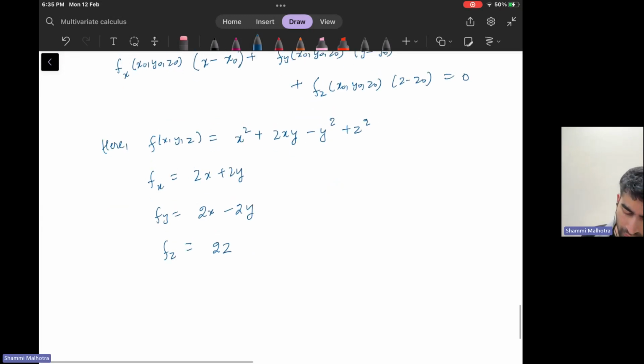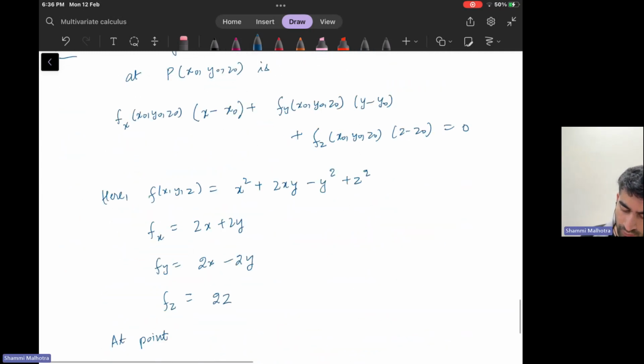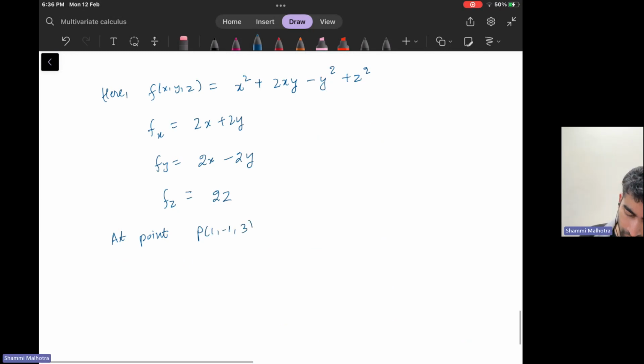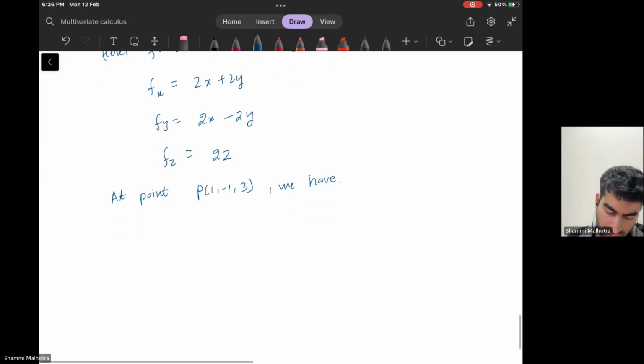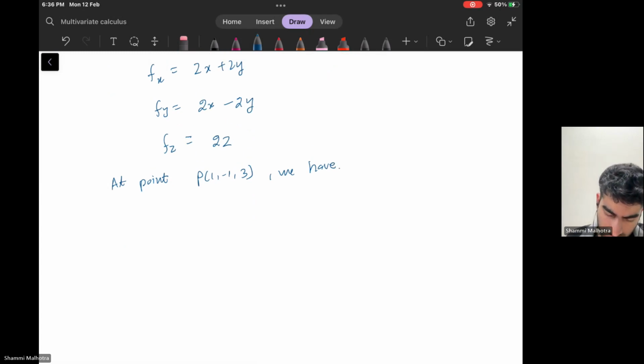So now I have to evaluate these values at the point 1, minus 1, and 3.